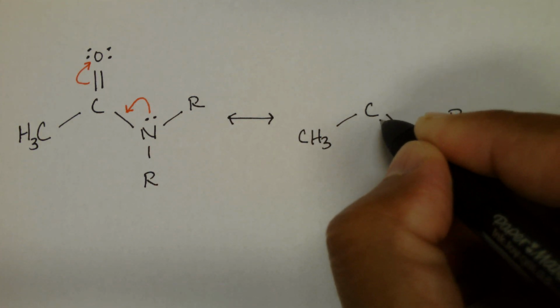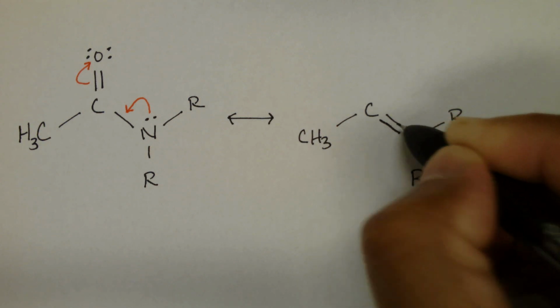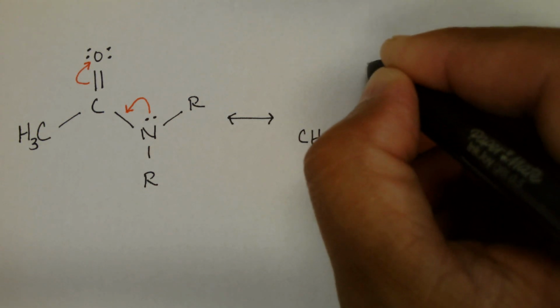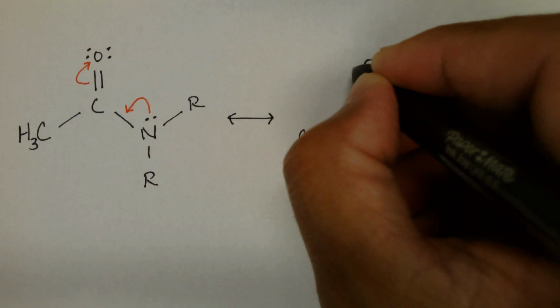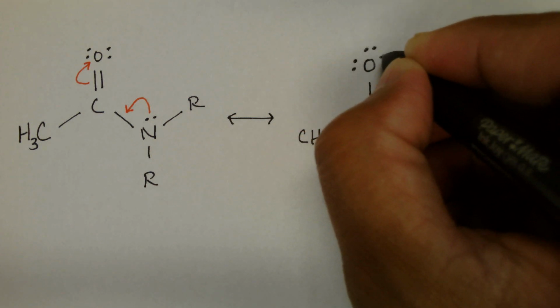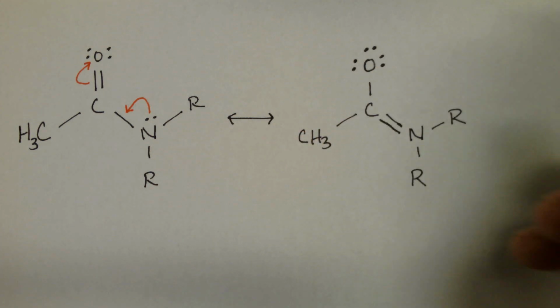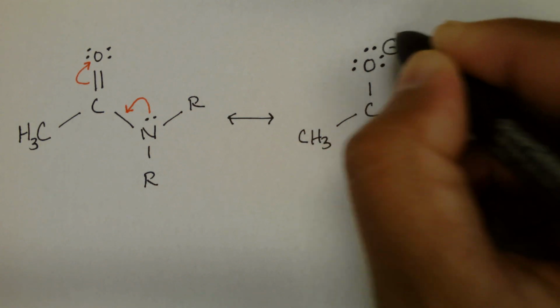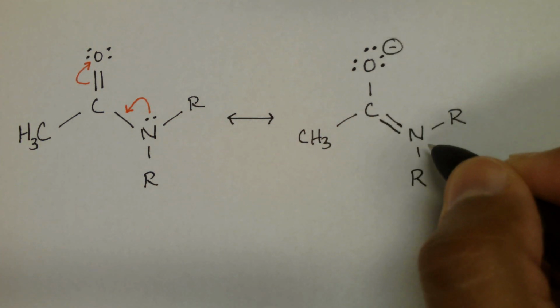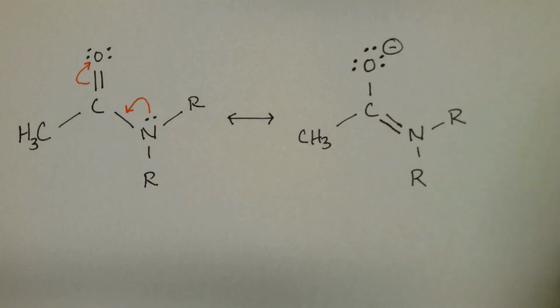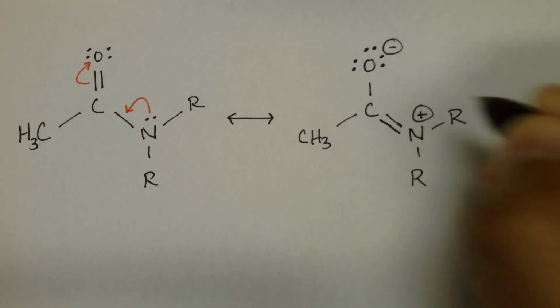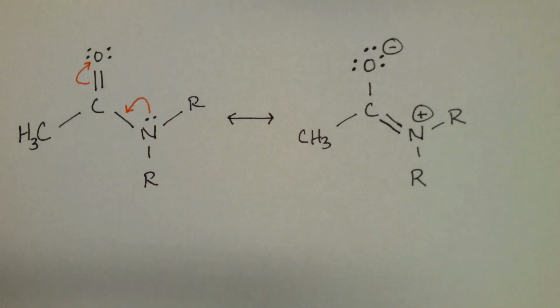There's a double bond between carbon and nitrogen, and now a single bond between the carbon and the oxygen. The oxygen now has 3 lone pairs of electrons. Let's not forget the formal charges. A negative on the oxygen. Here's a nitrogen with 4 bonds, so we'll draw a positive there. And these are resonance structures.